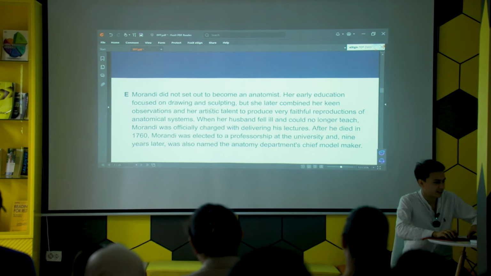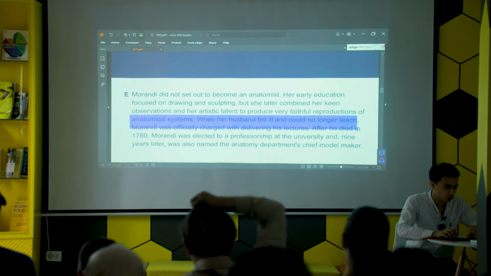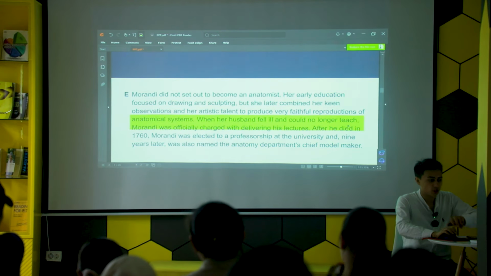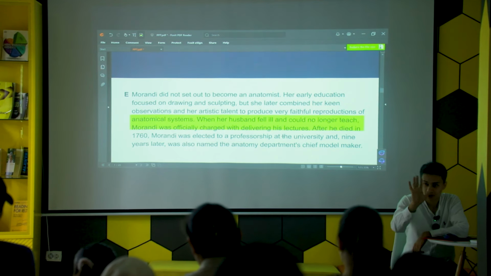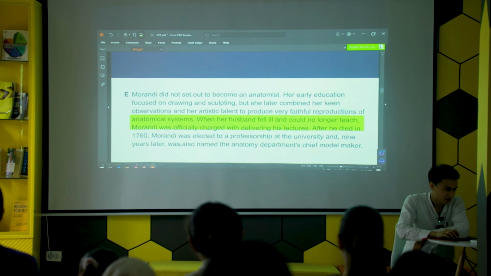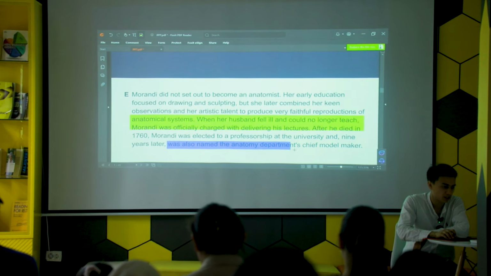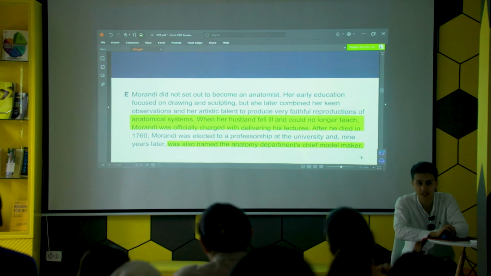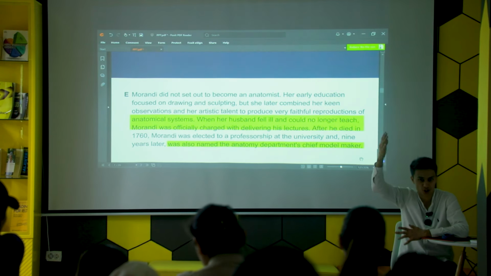When her husband fell ill and could no longer teach, Morandi was officially charged with delivering his lectures. Morandi was elected to professorship at the university and 9 years later was also named anatomy department's chief model maker. What does chief mean? Chief, head.